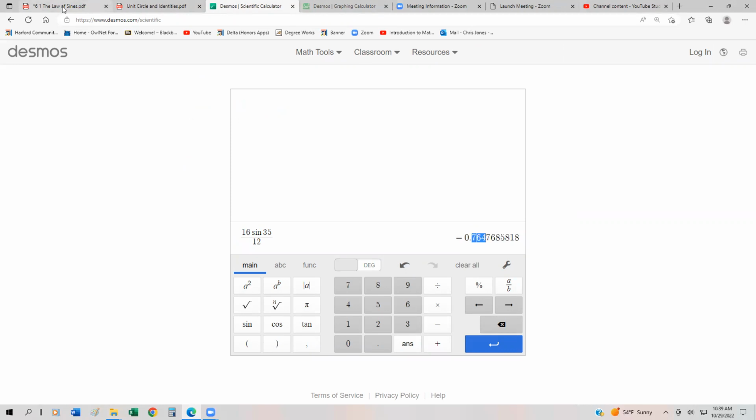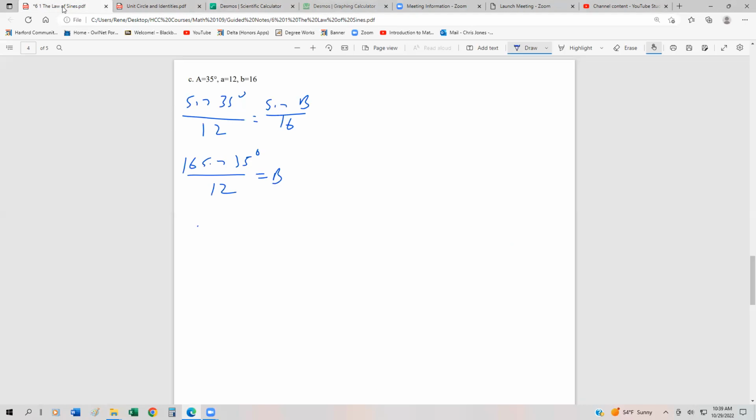And that gives us 0.765. Okay, and this should be sine of B, excuse me, not just B. So 0.765 is equal to the sine of B. And then we find the inverse sine.